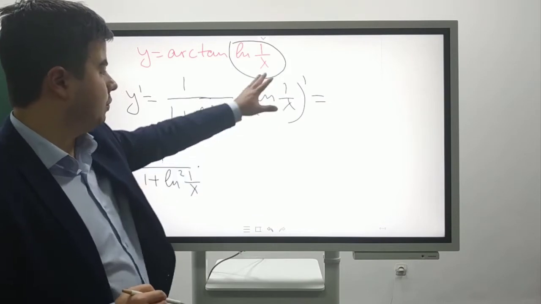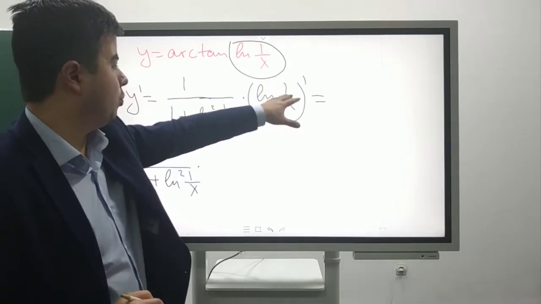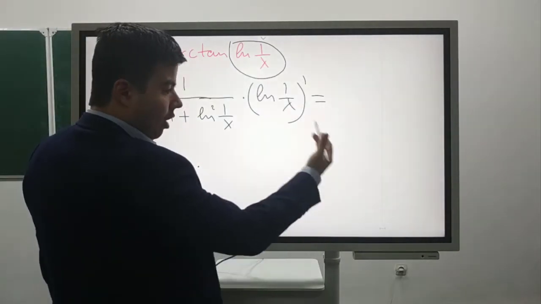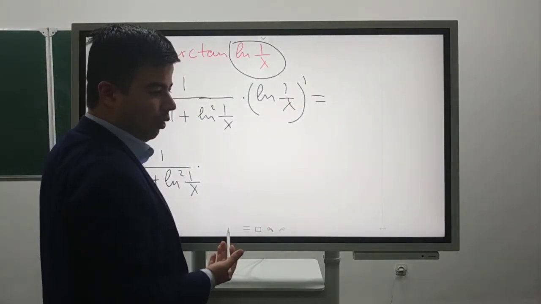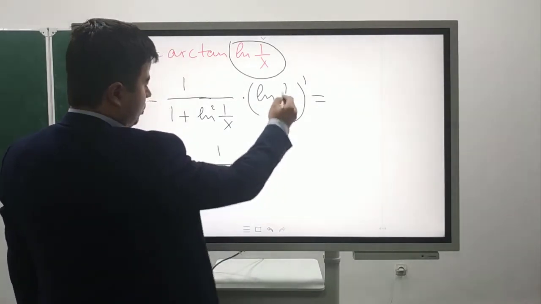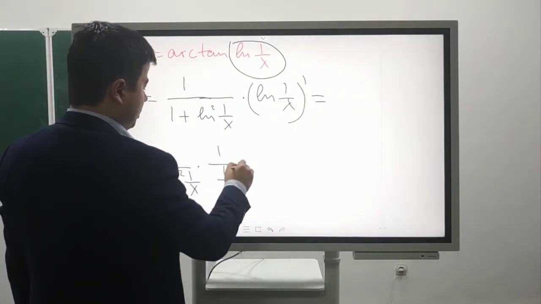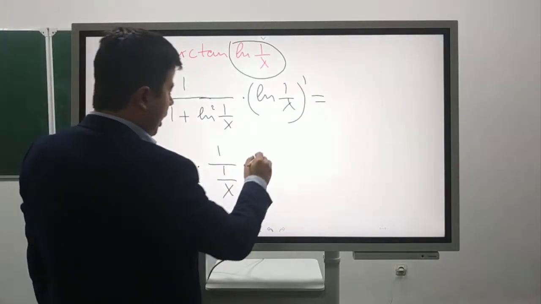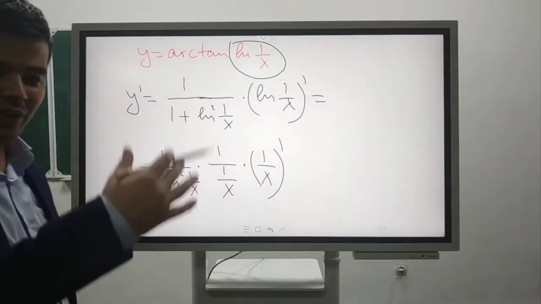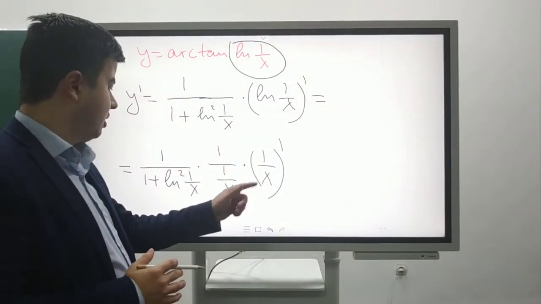Here also we have two functions, natural logarithm of x and 1 over x. Again, the derivative of natural logarithm of x is 1 over x. So 1 over x, because our x is 1 over x, times (1 over x) prime. The last function, the third function now.